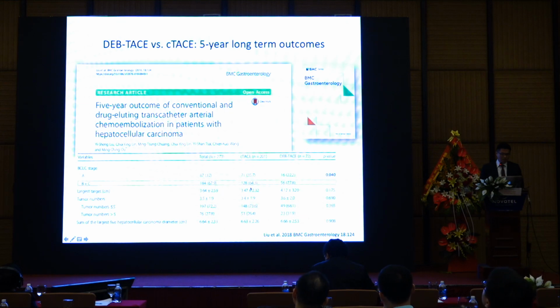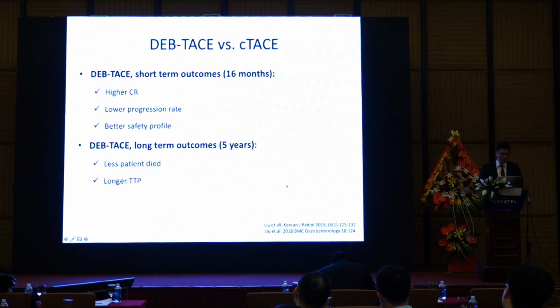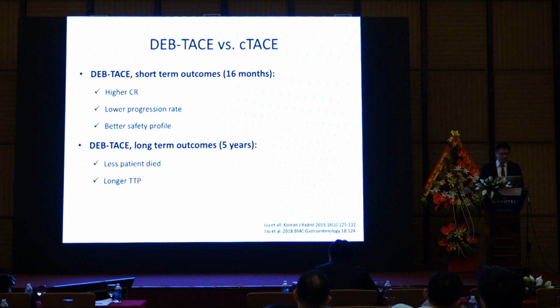When they added another BCLC group into the analysis, you can still find that the median time to progression is better in the DEB-TACE group for 5-year long-term outcomes. So the short conclusion is that for short-term outcome, DEB-TACE may have a higher complete response, lower progression rate, and a better safety profile. For long-term outcome, we found that fewer patients died and the time to progression was longer.